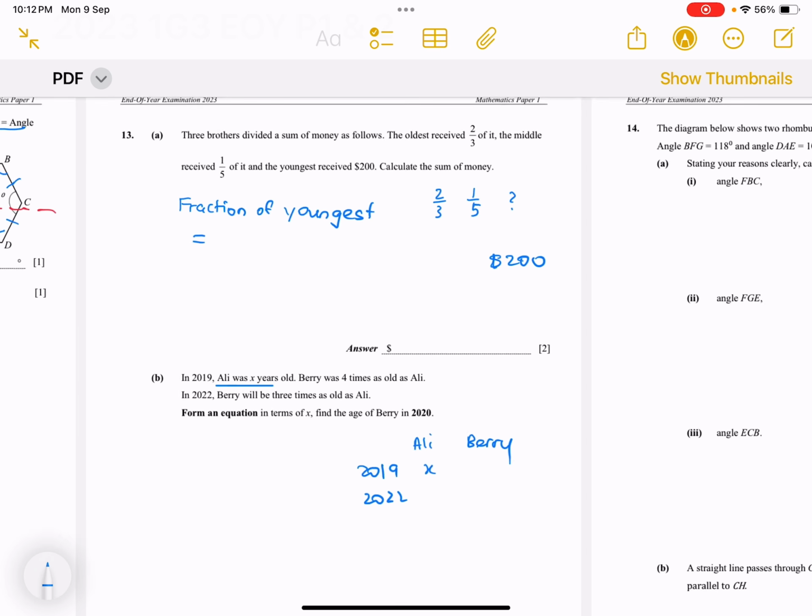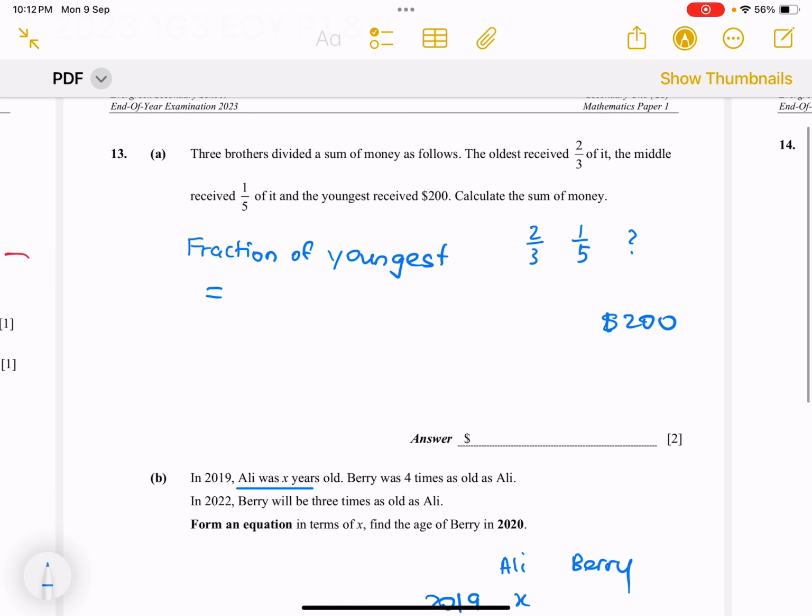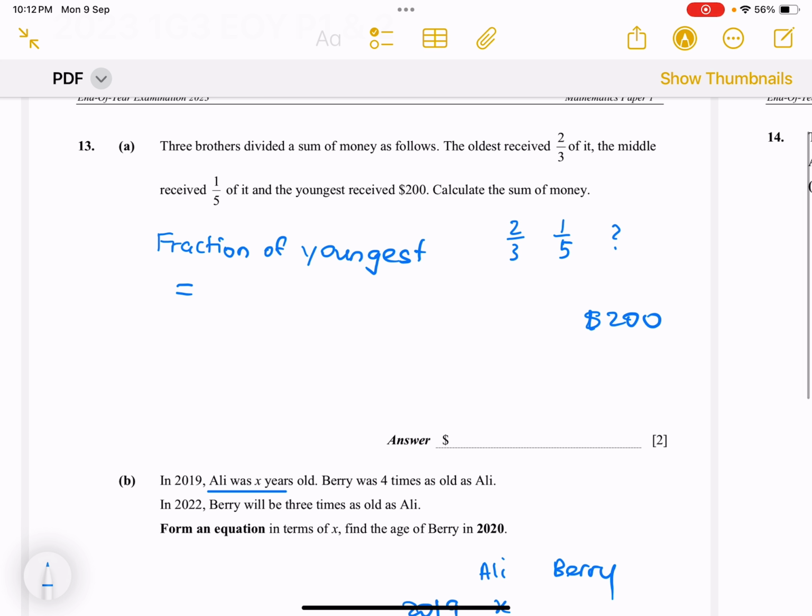And next, we have number 13, and this is on fraction. So three brothers have divided a sum of money. The eldest receives 2/3, then the second one receives 1/5, but the third one we do not know.